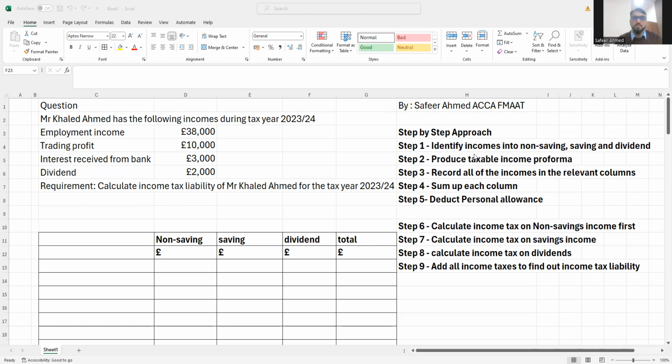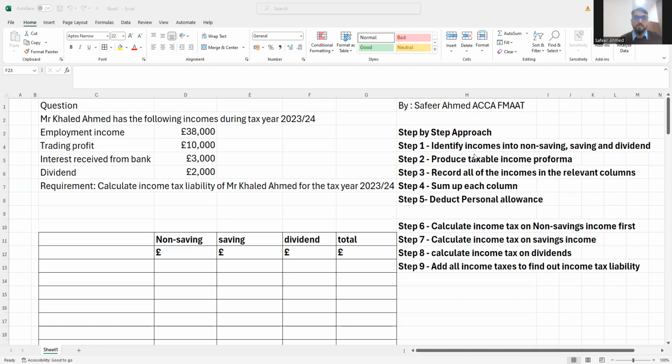If you're studying a taxation unit, maybe as part of your ACCA F6 taxation, or if you are an AAT level 4 personal tax student, or if you're studying a taxation unit as part of your UK undergraduate accounting and finance degree, or if you want to learn the basics of income tax computation, that is, how to calculate income tax from a given situation, I will give you a step-by-step approach today on how to tackle an income tax computation question.